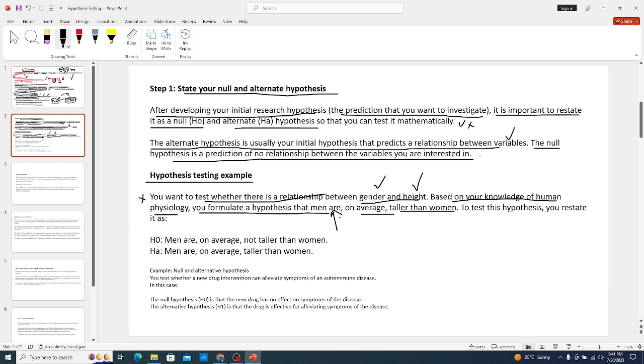So this is our statement, our hypothesis: men are averagely taller than women.